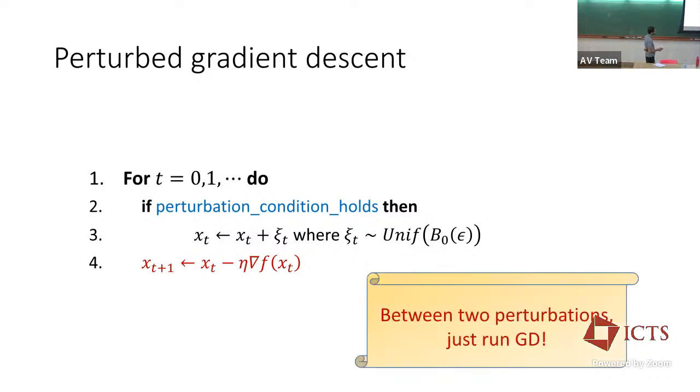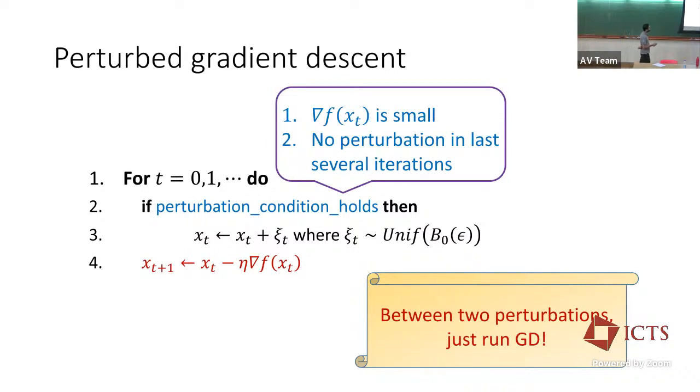So the first thing to note is that between 2 perturbations, we are just running gradient descent. Right? Between 2 perturbation conditions, the only step that we are running is the step 4, which is just gradient descent, right? And what is the perturbation condition? So we check for 2 things.